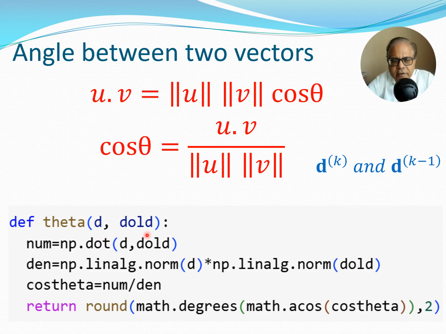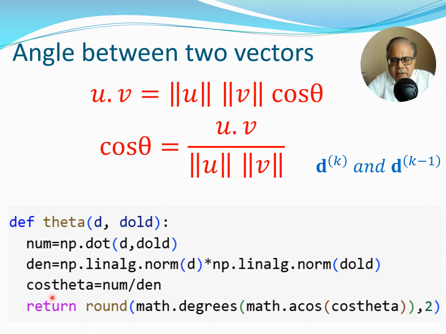So I have this simple function theta. It takes two vectors, d and d old. It calculates the numerator as the dot product, and the denominator as the norm of d multiplied by the norm of d old.